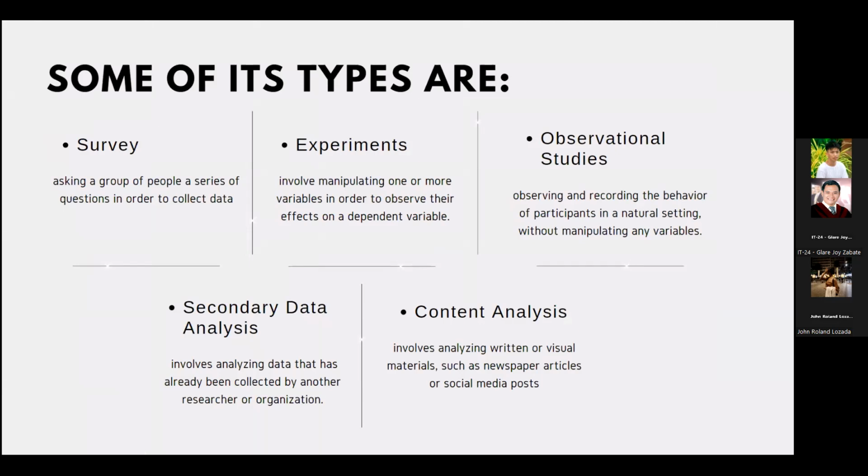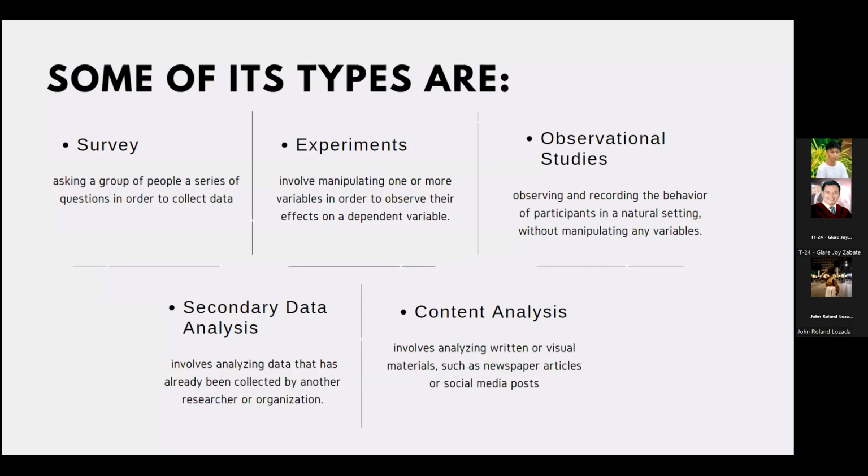Here are some common types of quantitative research methods, including surveys, which involve asking a group of people a series of questions in order to collect data about their attitudes, beliefs, or behaviors. Then experiments, which involve manipulating one or more variables in order to observe their effects on a dependent variable.